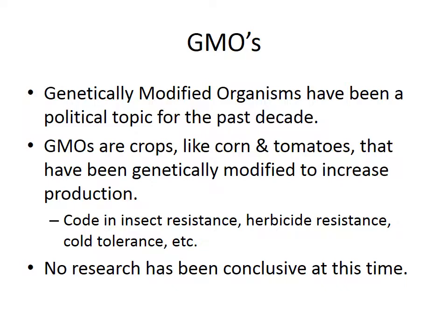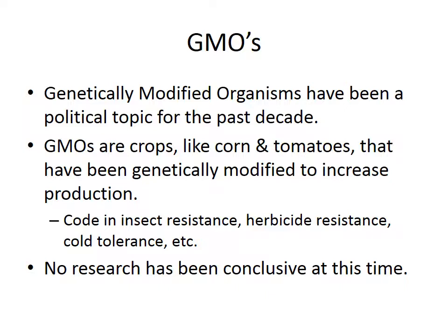At this point, most of the common foods you eat, your tomatoes, your wheat, your soy, your corn, some fruit, not all, have been genetically modified in some way, shape, or form. Despite this, there's been tons of research done by every country across the globe.